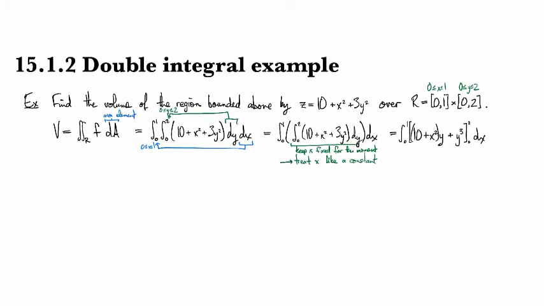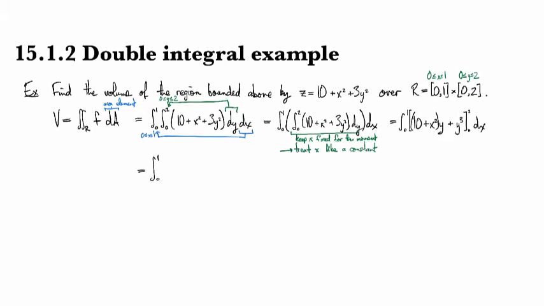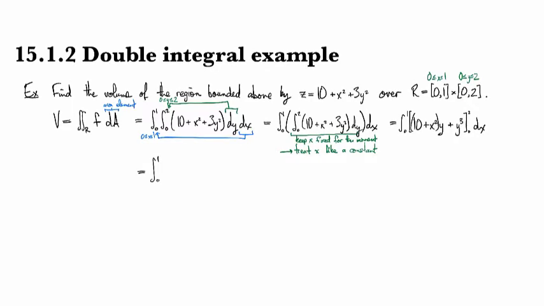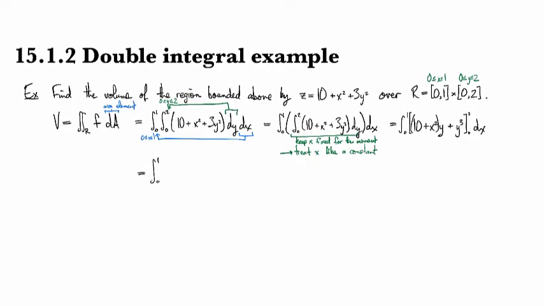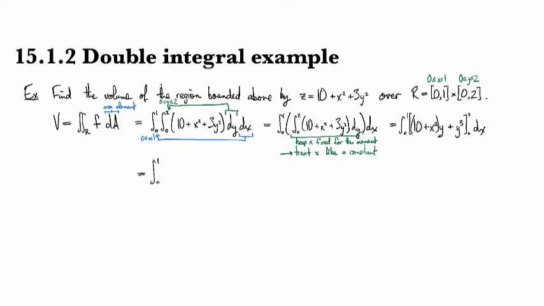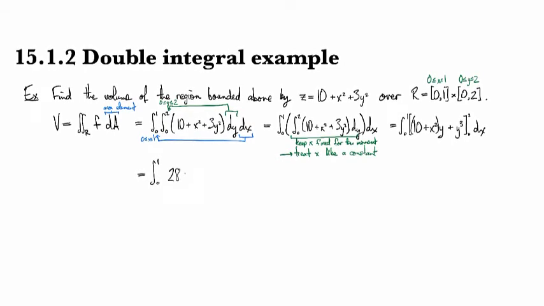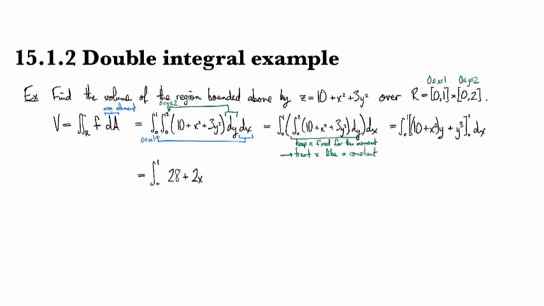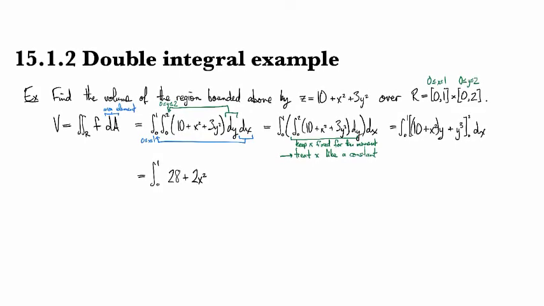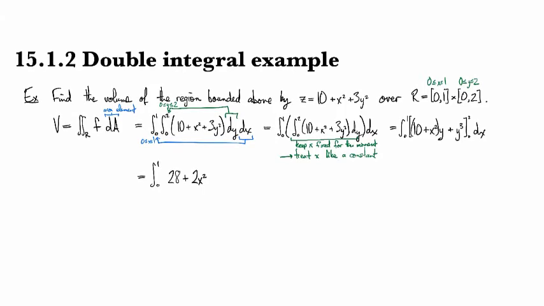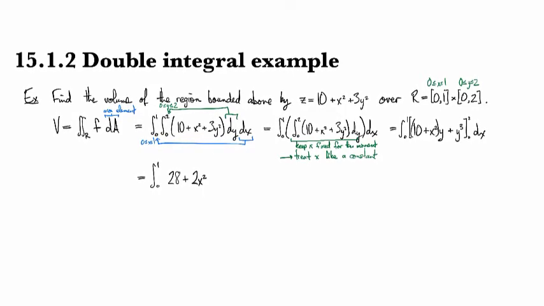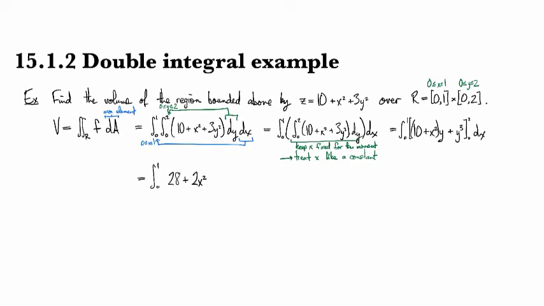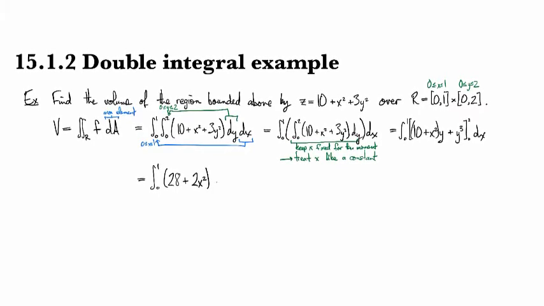Continuing on, bring the integral from 0 to 1 along, evaluating inside the parentheses where y is equal to 2, collecting terms, we end up with 28 plus 2x squared. And when we evaluate it at y equals 0, that whole thing zeroes out because each term has a y. So we just have this.